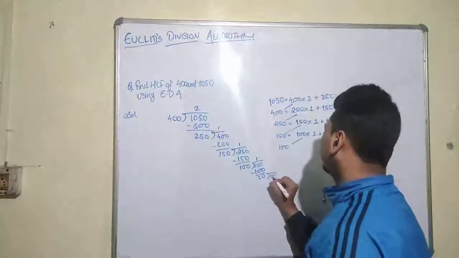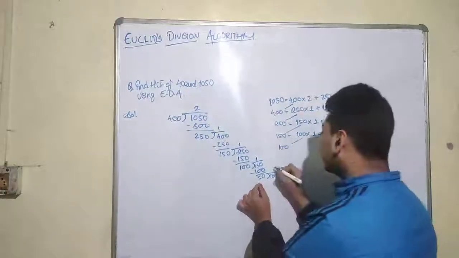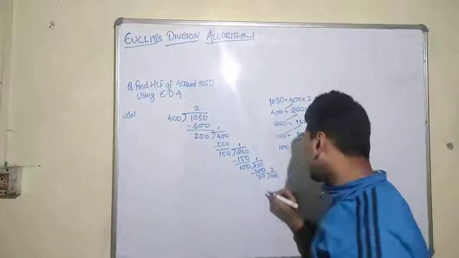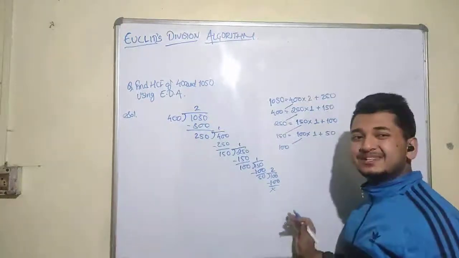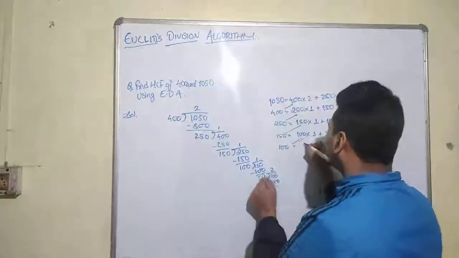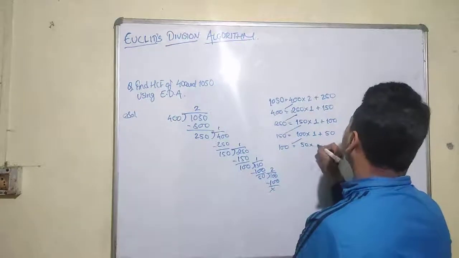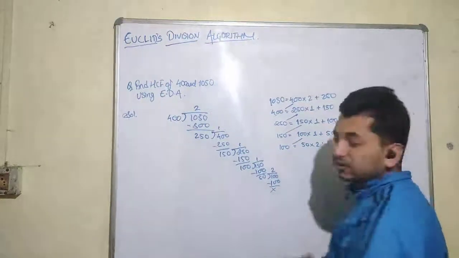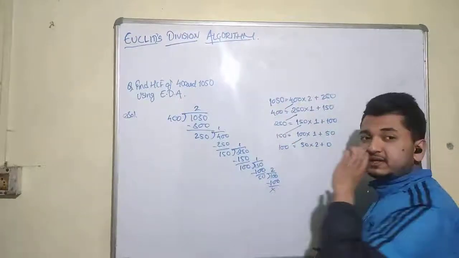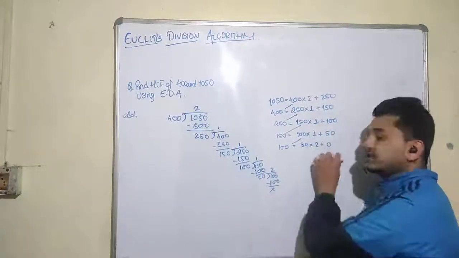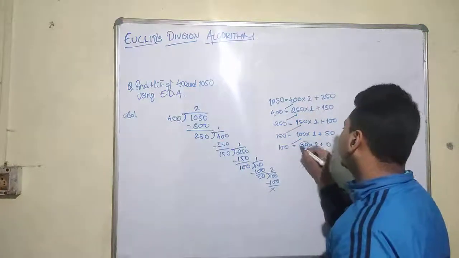So 100. 50 times 2 is 100. So we have got the remainder as 0. So 100 equals 50 into 2 plus 0. So जो डिवाइजर डिविडेंड को completely डिवाइड कर लेता है और रिमाइंडर 0 देता है, वही हमारा HCF होता है.